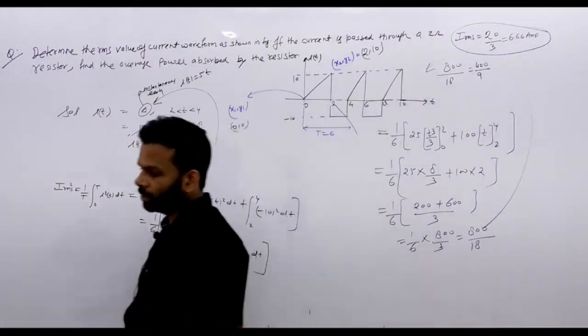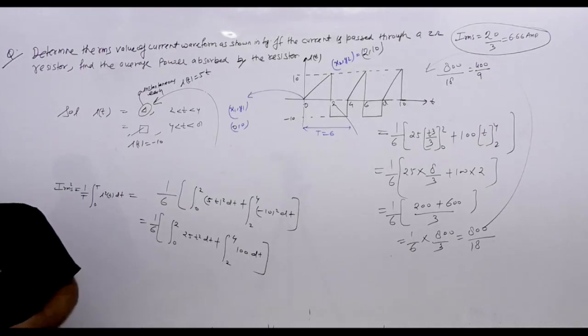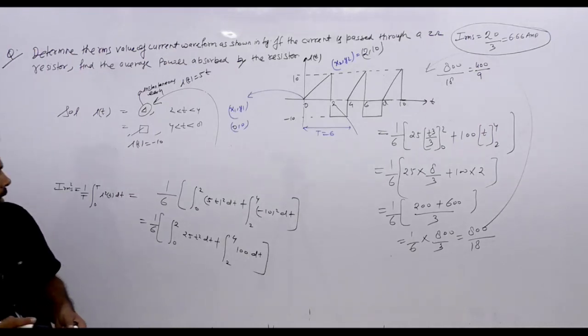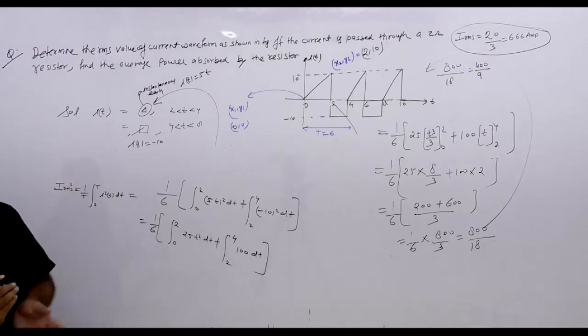Let's check the answer. I think there is a misprint. Yes, we have 5t from 0 to 2, and you will calculate.